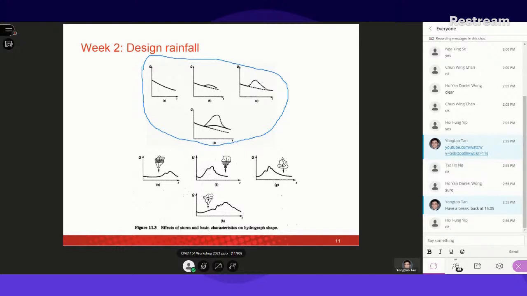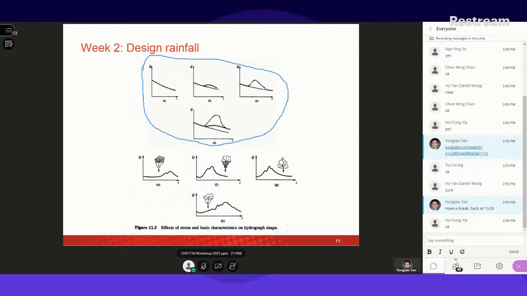The rainfall changes to interflow and groundwater flow via infiltration.